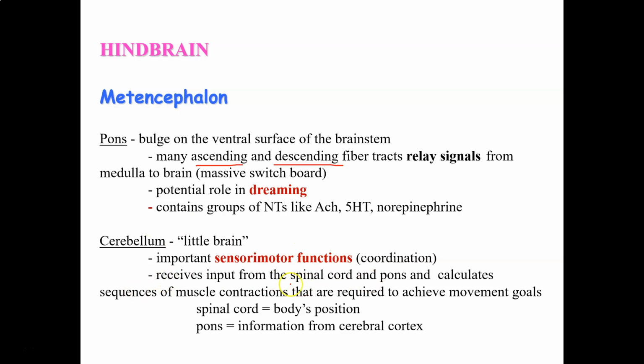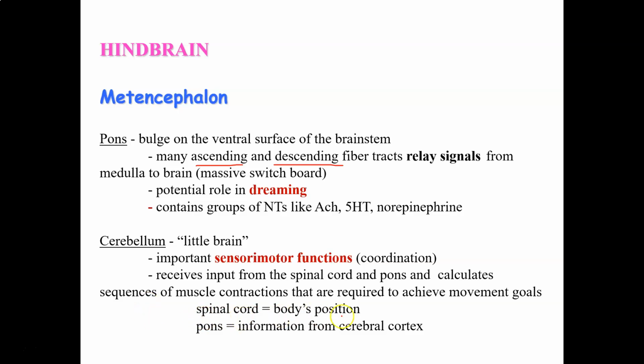So it receives a lot of input from the spinal cord and pons to calculate the sequences of muscle contractions to achieve our movement goals.